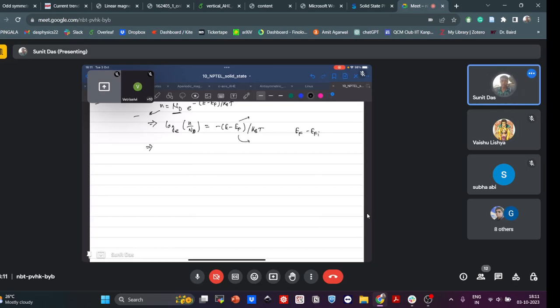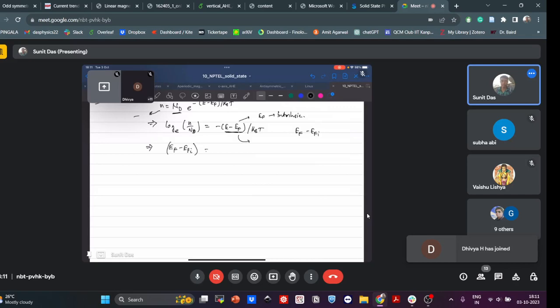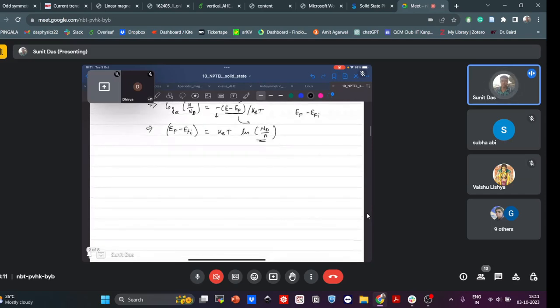When we call EF, we actually mean it is EF for the intrinsic case. So EF minus EFI will be kBT ln Nd by n. Because of this extra negative sign here, this will be reversed. This we need to find.